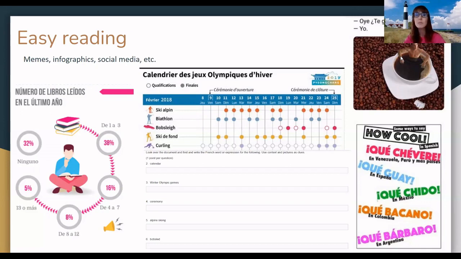Then they get a little bit more complicated, like this Olympics one. There's a bit more to read, but still you've got your pictures, great organization for students to actually interact with texts that are meant for native speakers. This one has numbers in it, which is a great way to talk about numbers with your students.